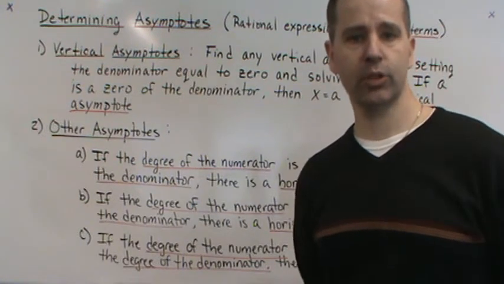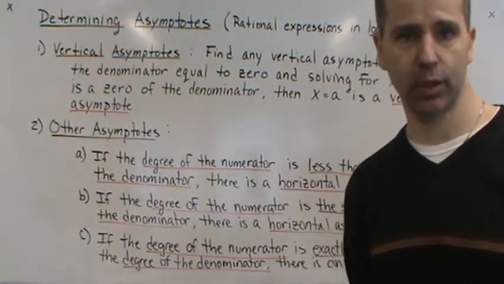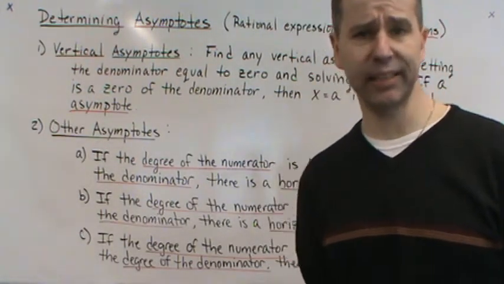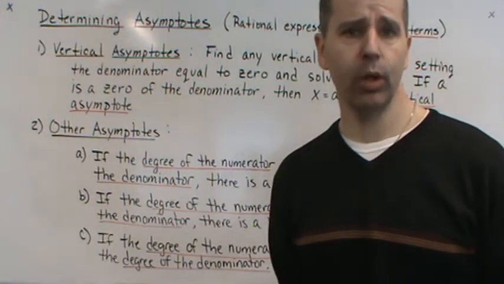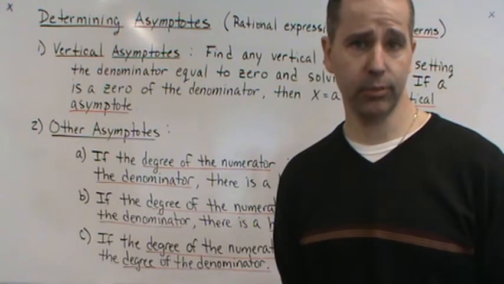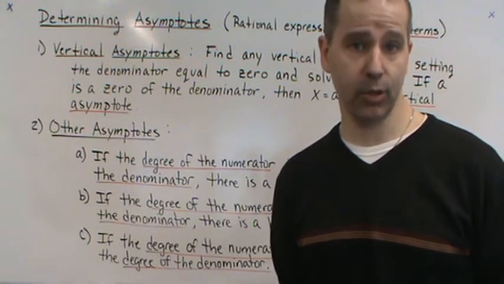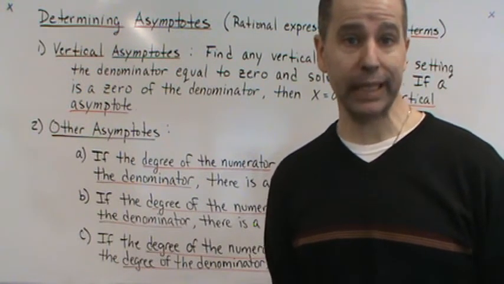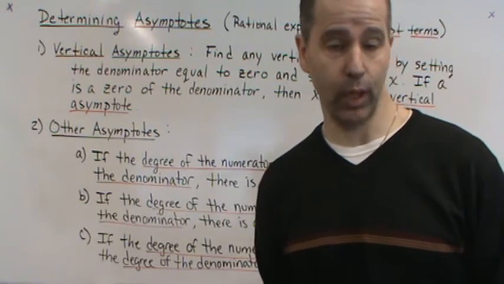But there are also oblique asymptotes, and we'll talk about those in a moment. There are really easy techniques to determine if there are vertical or horizontal asymptotes and what they are, or if there's an oblique asymptote, what it is as well.